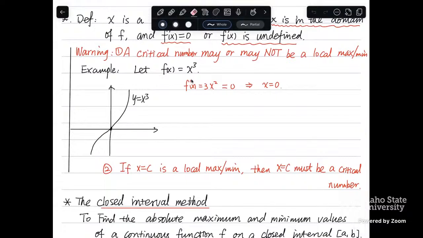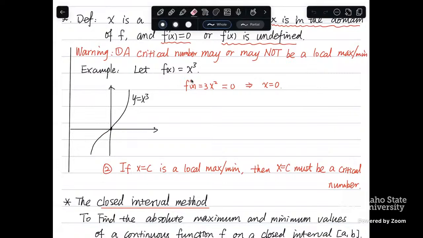Speaking of that, I see a couple of people when they're doing the homework, they notice that there's some question asking about the maximum value or minimum value.